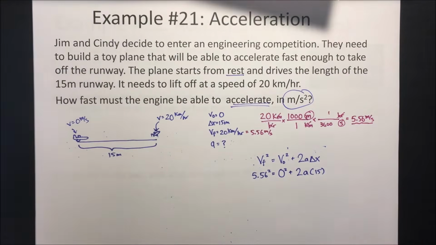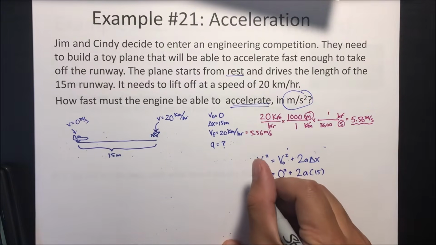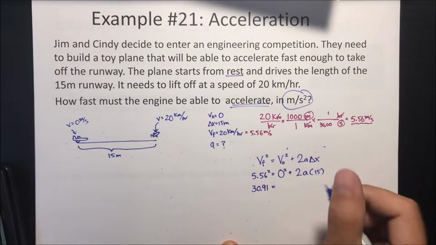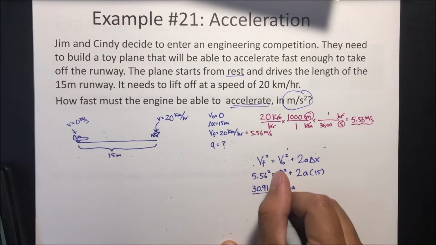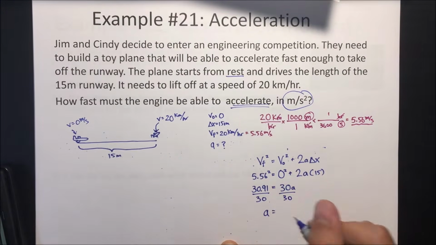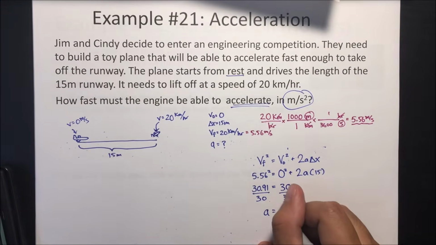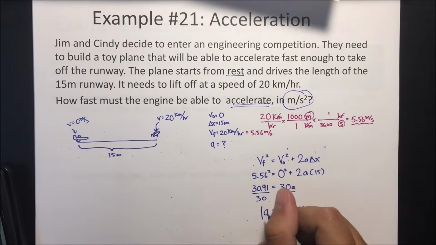Hopefully you'll be able to do the math of this, but 5.56 squared is 30.91, which is equal to, this is just 0, 30 times a. So we divide by 30 on both sides, and we get the acceleration as 1.03 meters per second squared.